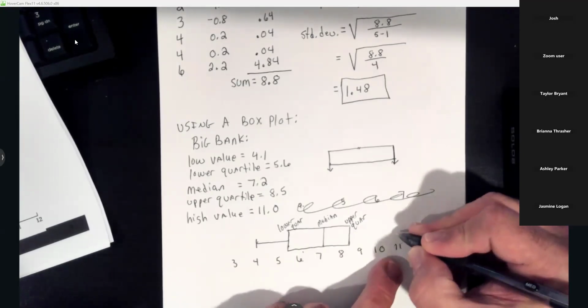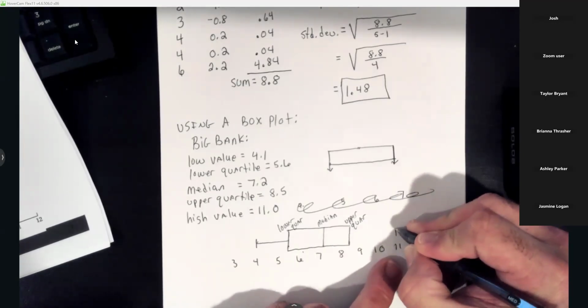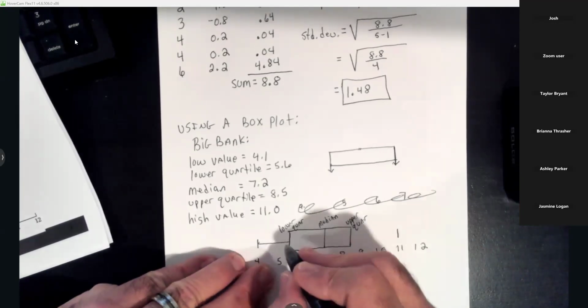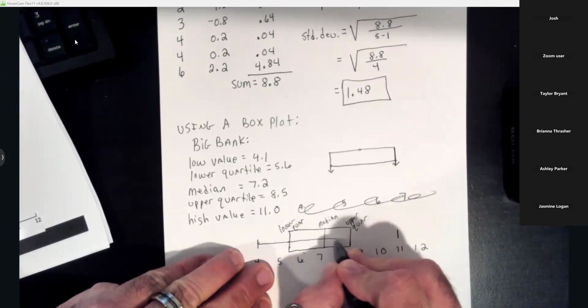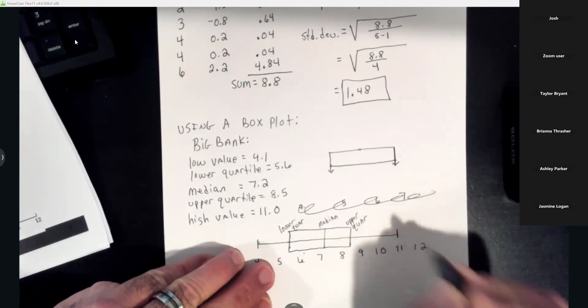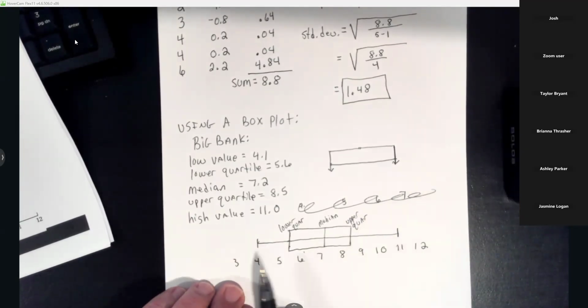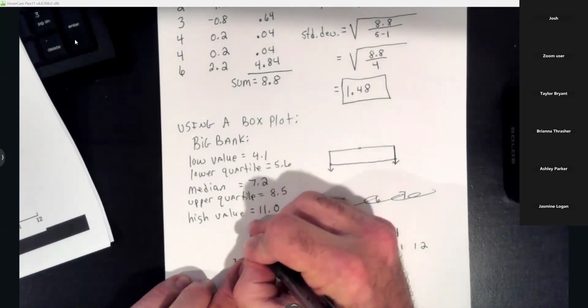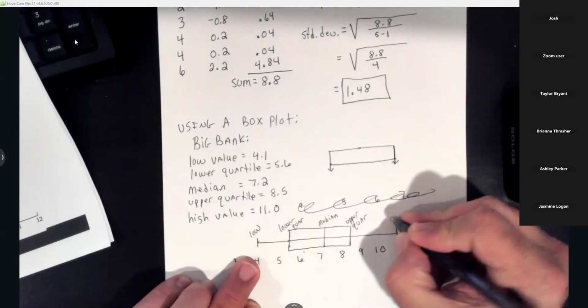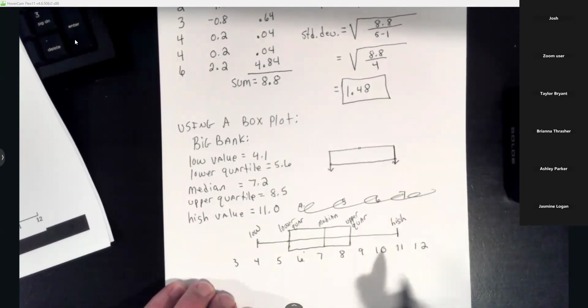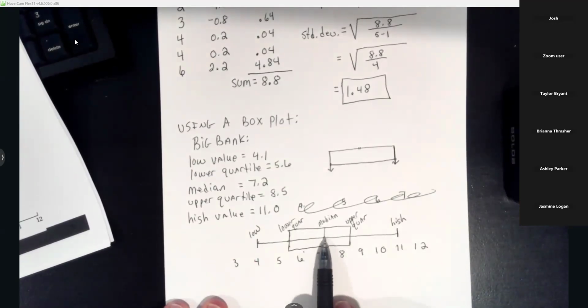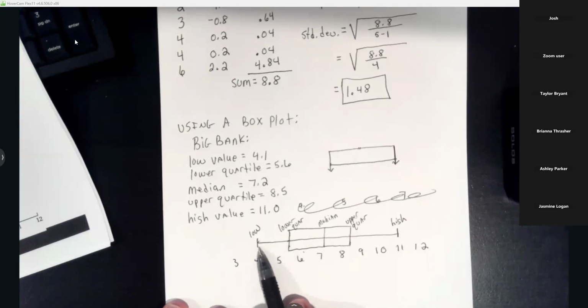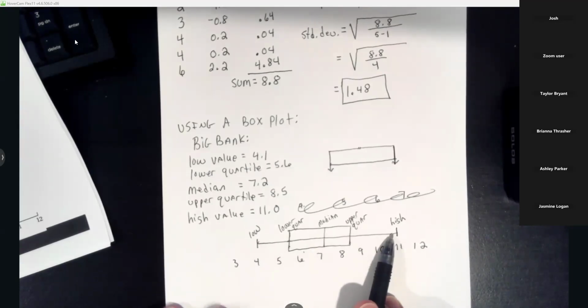So over here at 11, I'm going to draw another whisker, and then I'm going to draw this all the way across to that other whisker. So now this is a visualization because this is my low value and this is my high value: my median, lower quartile, upper quartile, my low value, and my high value.